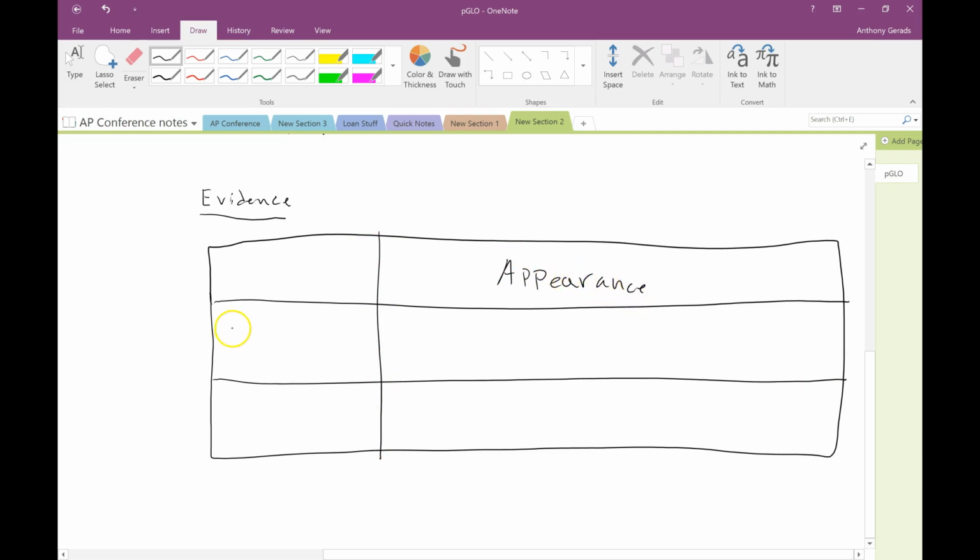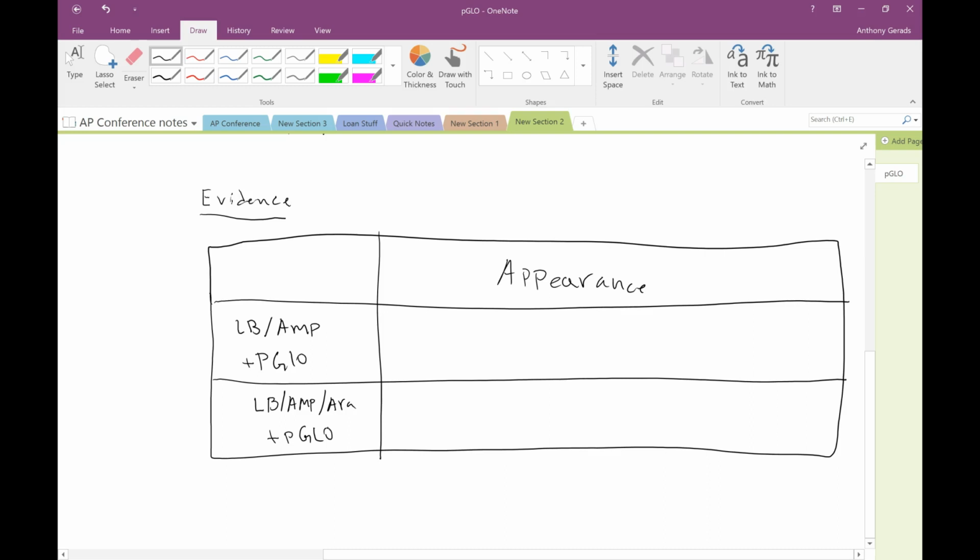And this one's going to be LB amp plus pGlo. This is going to be LB amp ara plus pGlo. Okay, and then we would write our appearances there.